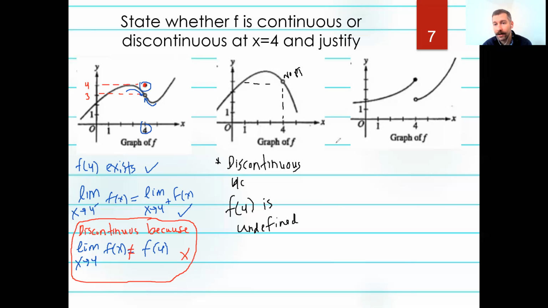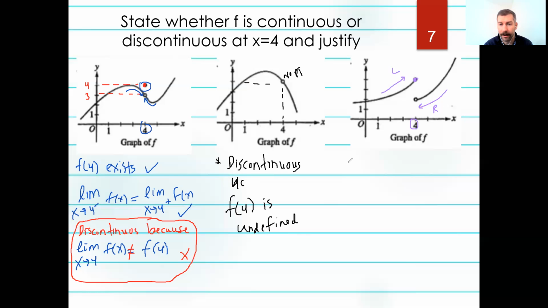Now let's look at this last one, and let's try to walk through this as well. Does f of 4 exist? Yes, there's a filled in circle. So that definitely exists. So condition 1 so far continues. Condition 2, does the left-sided limit equal the right-sided limit? Does my left equal the right? Absolutely not.